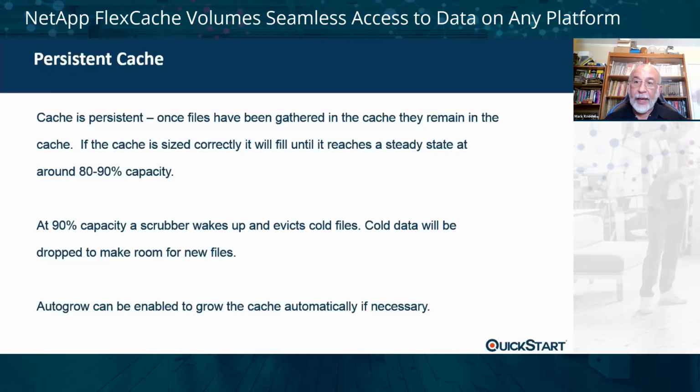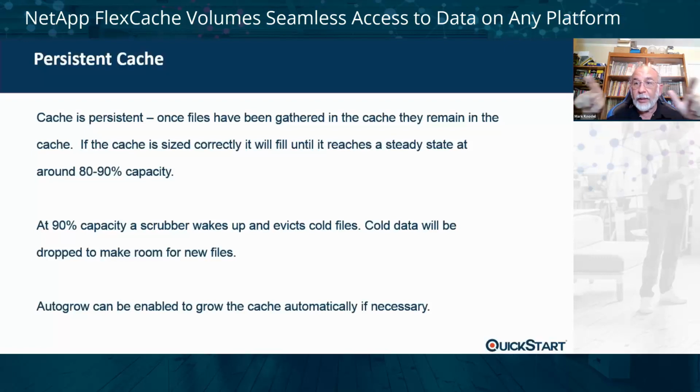When the data files are gathered in the cache, they're persistent. In other words, they're going to stay there until something pushes them out. And really what's going to happen is if you have sized this correctly, then the cache will gradually reach about 80 to 90% of capacity and sort of maintain at that pace.